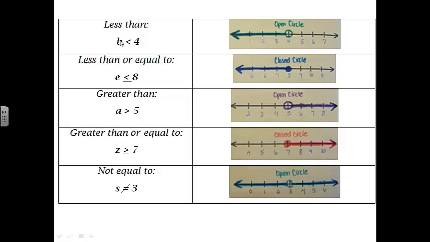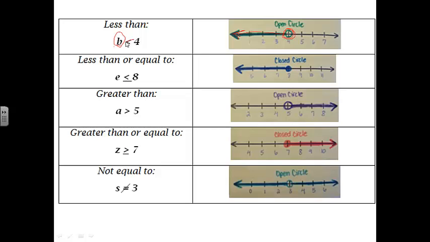So what kind of numbers could replace b? Okay, good. If b is less than 4, then 3 could be in place of b, maybe 2, 1, 0. If you plug those numbers in, all those numbers are going to be less than 4. So to graph it, we use an open circle if it can't be equal to it, because we don't want it to be equal to 4, and we go the way that all the numbers that can replace b go.